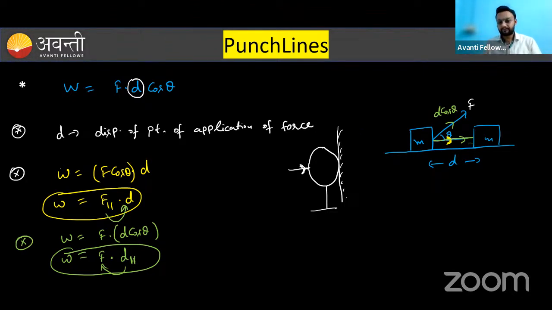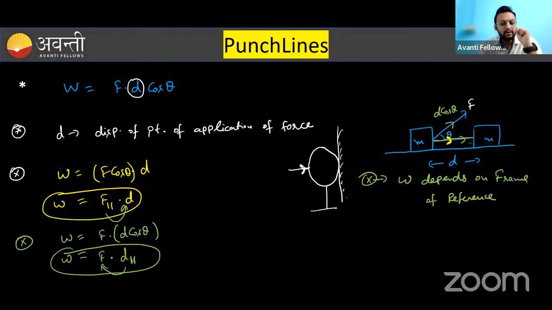Now, the fourth point, this is the fourth punchline, the fourth important point that you need to remember, is that work done is a property of frame. This is another very typical thing. Work depends on frame of reference. Do you remember in the previous class I told you two questions?